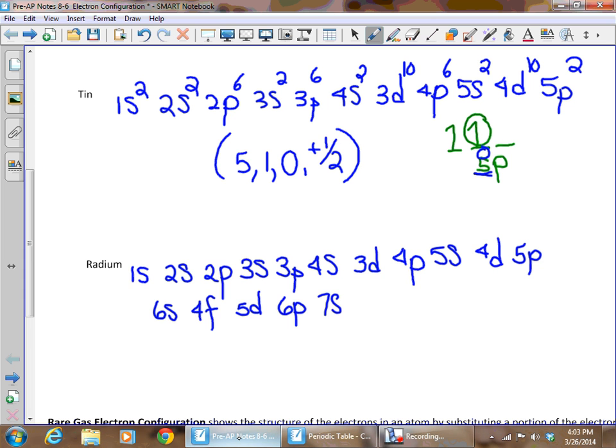Once you have that order written, now we're simply going to fill in all of the s's with 2, p's with 6, d's with 10, and remember, f's are 14.